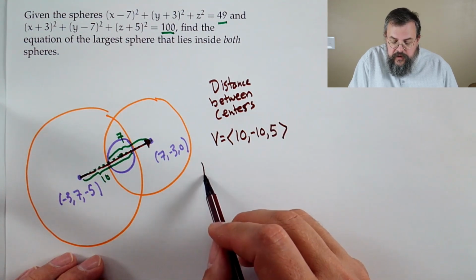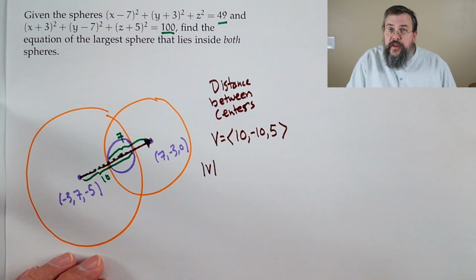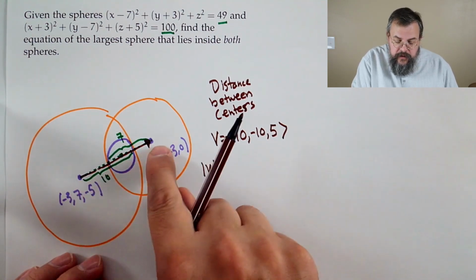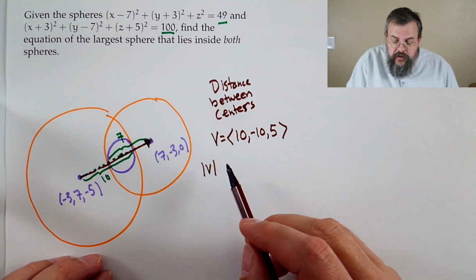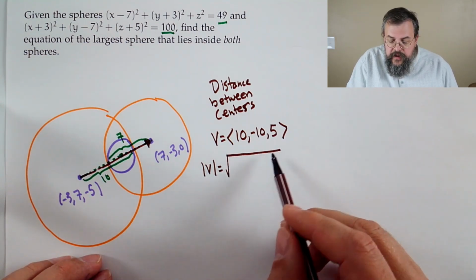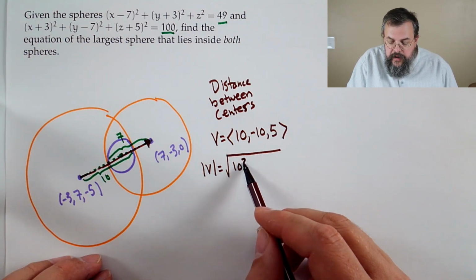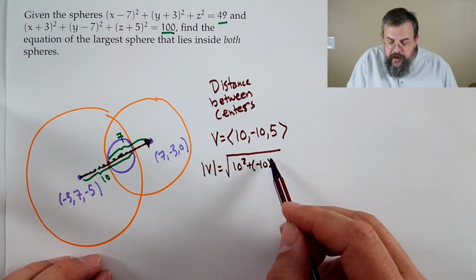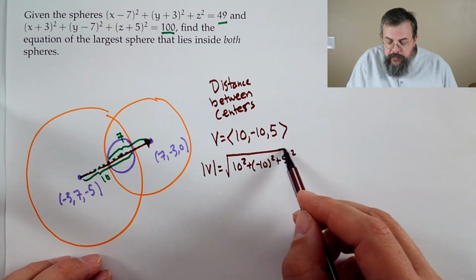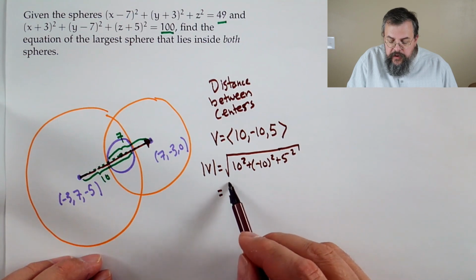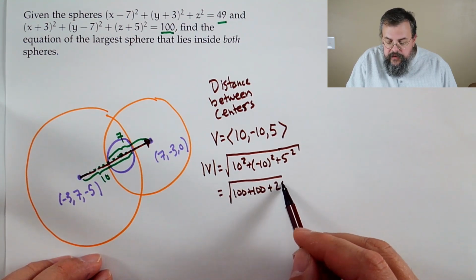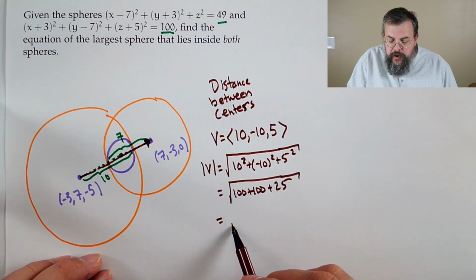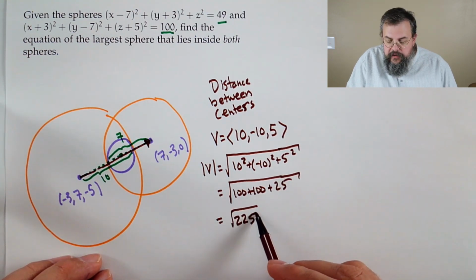So the distance is the same as the length of the vector, because the distance between the points is the same as the length of the vector connecting the points. So that's going to be the square root of 10 squared plus -10 squared plus 5 squared, which is the square root of 100 plus 100 plus 25, or the square root of 225.